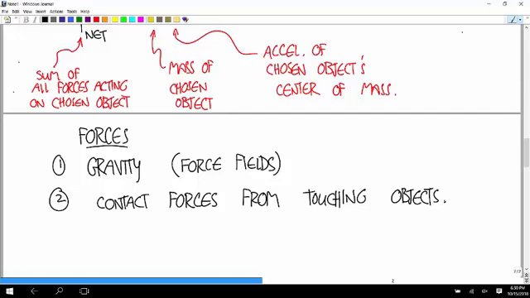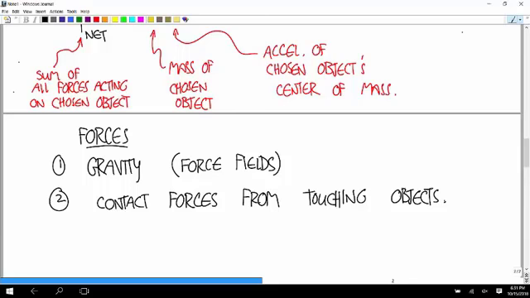Well, if you think of it this way, it's easy to know when you're done accounting for the forces. You're going to account for the weight force that gravity applies to things, and then you're going to go around the boundary of your chosen object. Like say your chosen object is the wheel of a car. You're just going to go around the boundary and look at any place that outside objects are touching the boundary. And at each one of those contact places, there's a force.